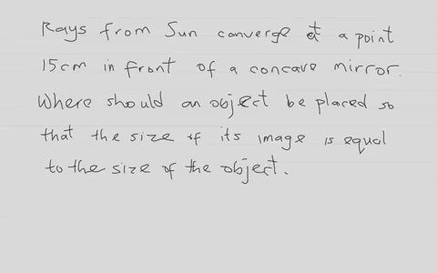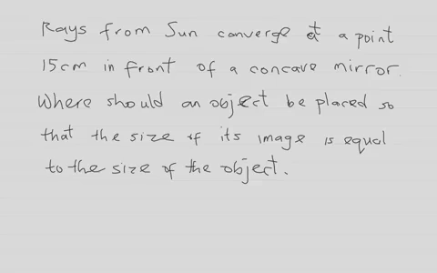Now, listen to this question. Rays from sun converge at a point 15 centimeters in front of a concave mirror. Now, take note, rays from sun, very far, converge at a point.